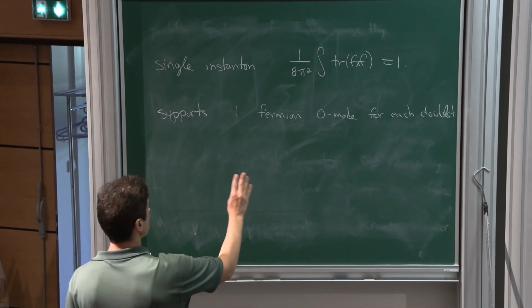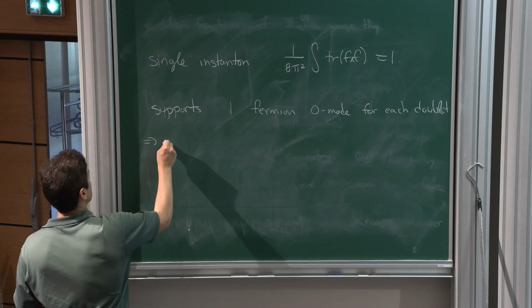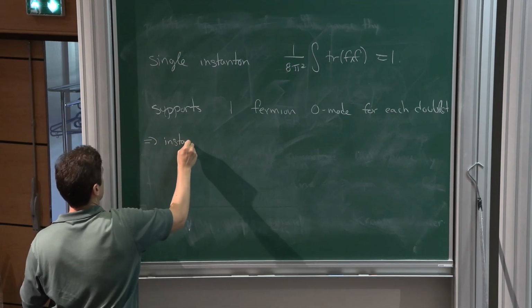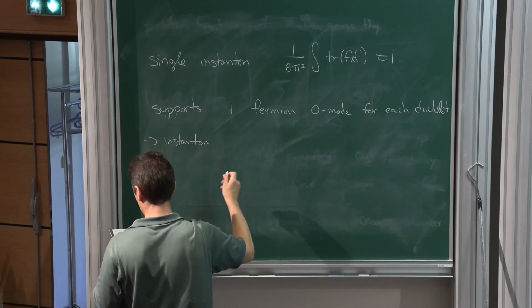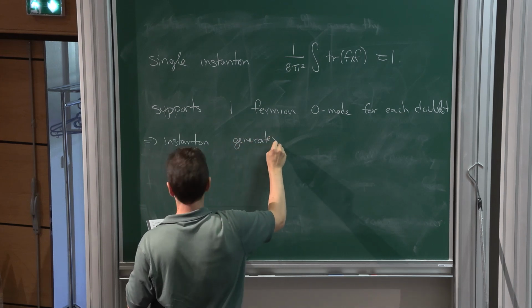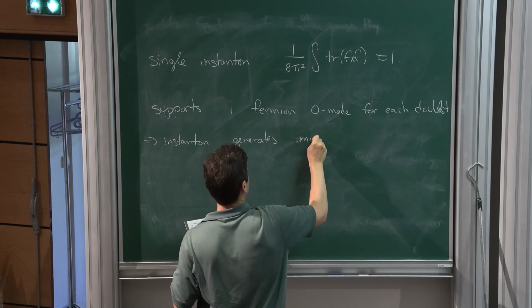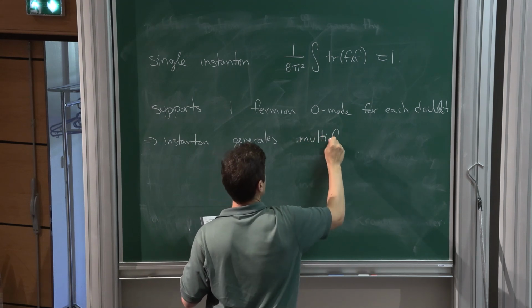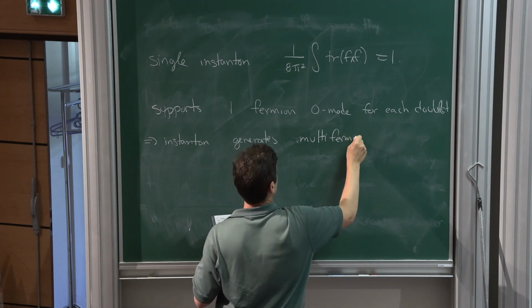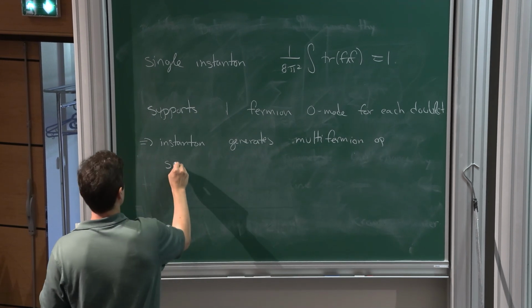Okay, so there's 1 0 mode for each doublet. And this tells us that the instanton generates a fermion operator, a multi-fermion operator, which saturates the 0 modes.